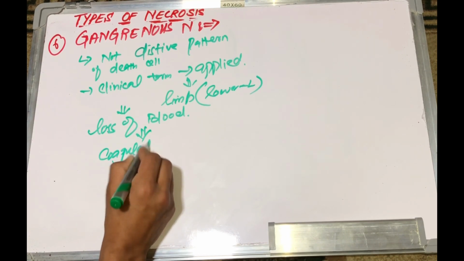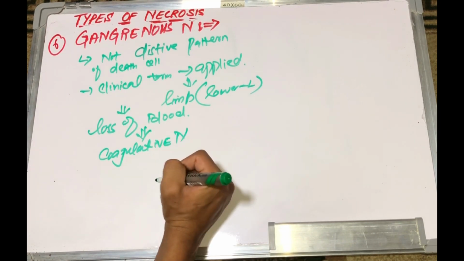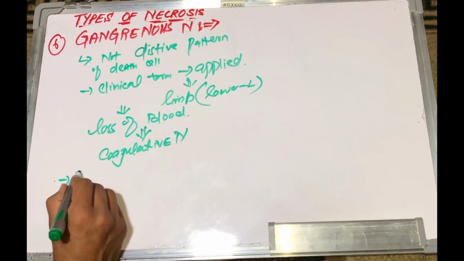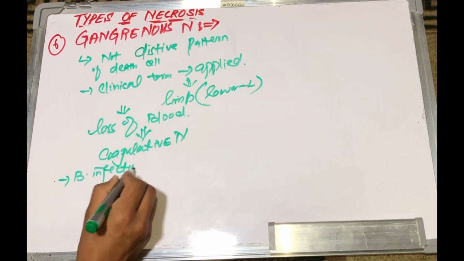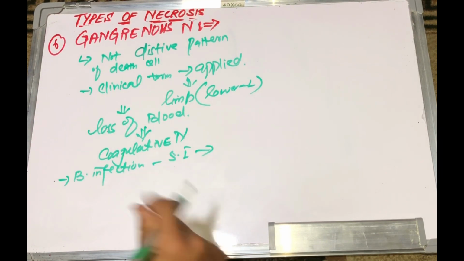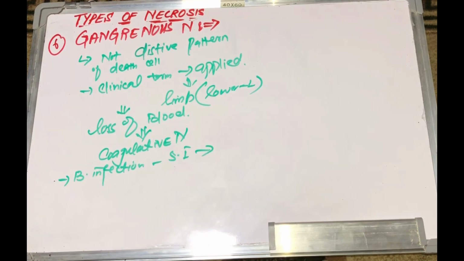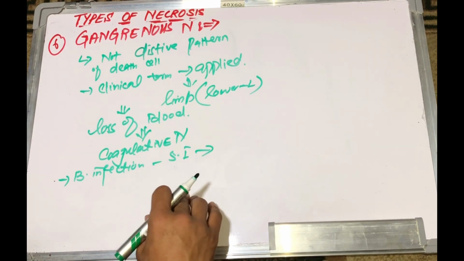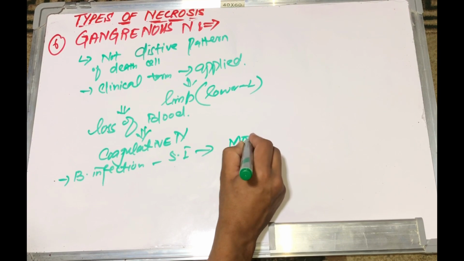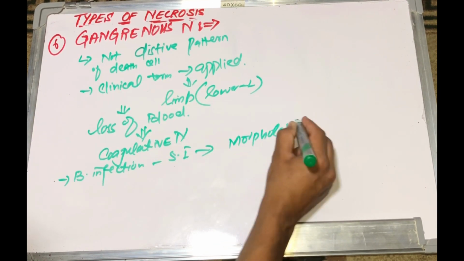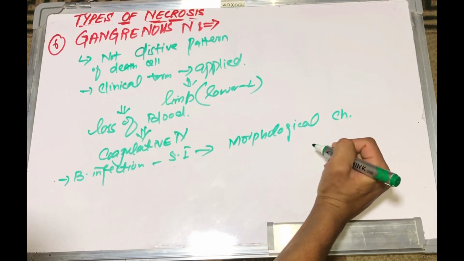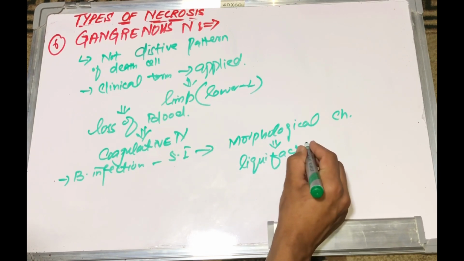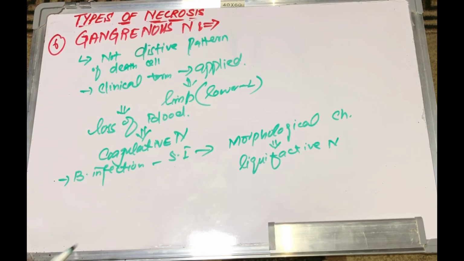If a bacterial infection is superimposed, then the morphological appearance may change, and a liquefactive necrosis may occur.